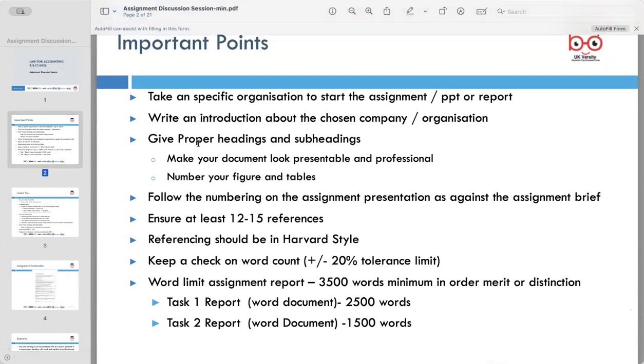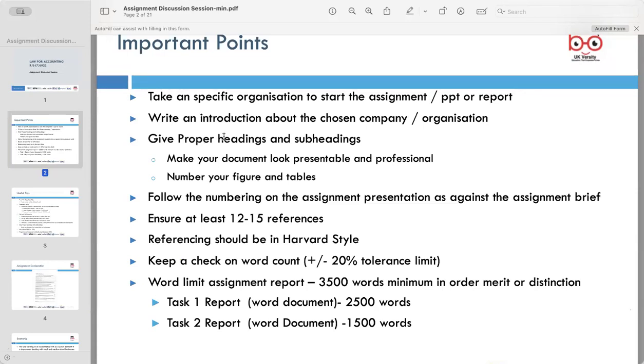Begin your assignment by selecting a specific organization. This choice will set the foundation for the entire assignment, allowing you to focus on real world examples and application of legal principles in a practical context.